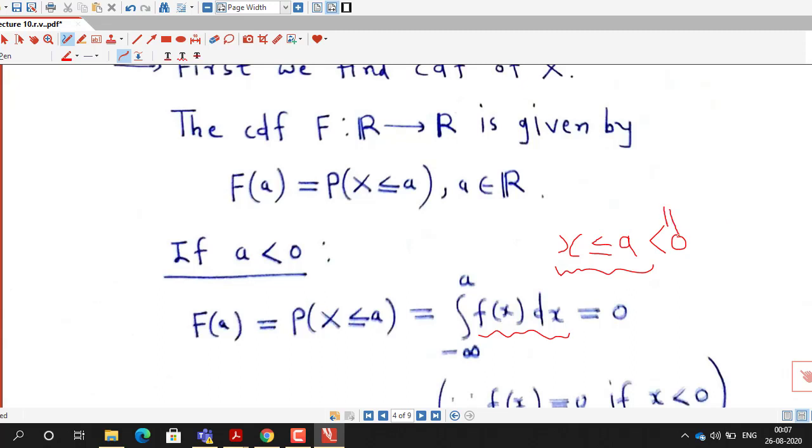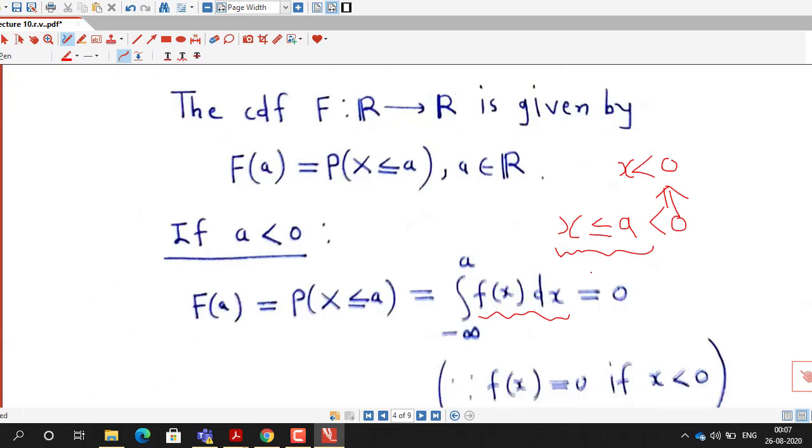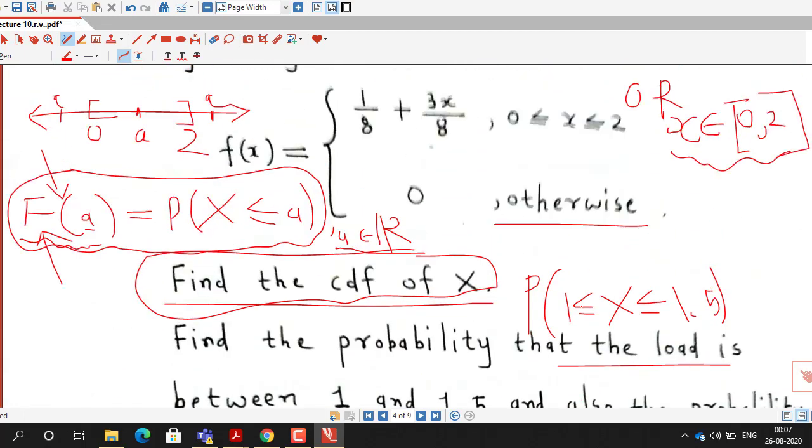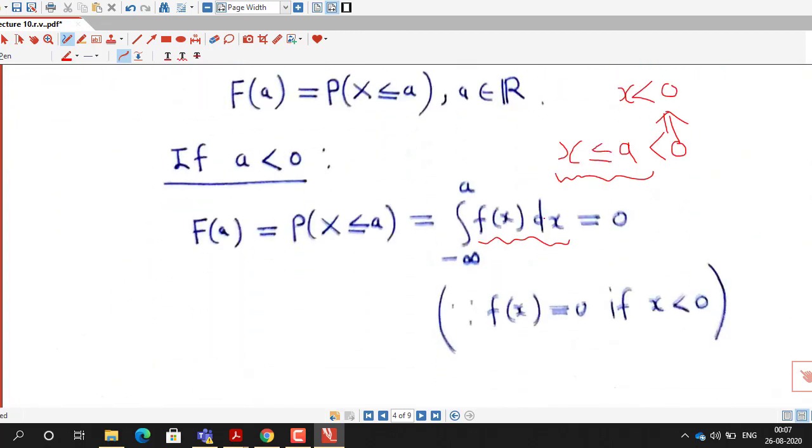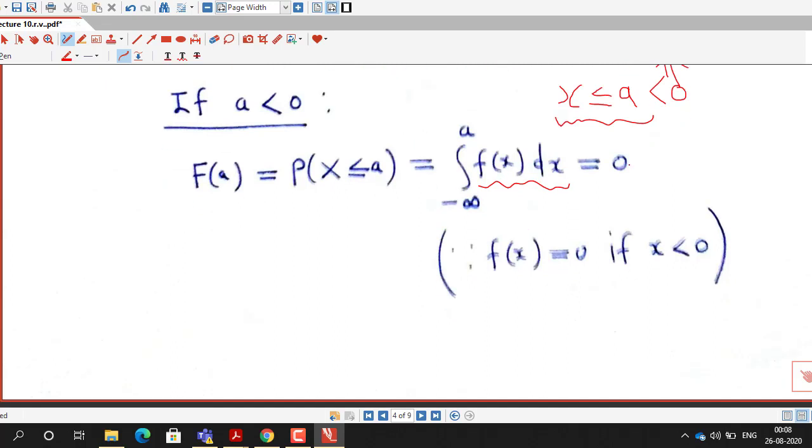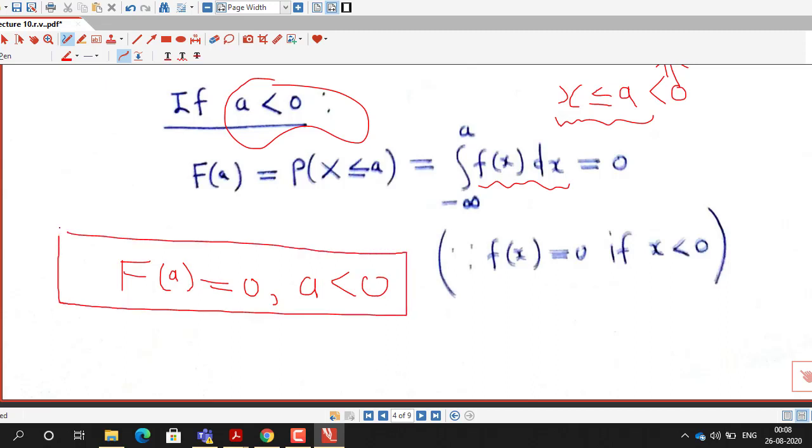Therefore x is also negative, and if x is negative, the value of the probability density function is 0. If x is outside 0, 2, then the value of the PDF is 0. So we can put 0 here, and the integral of 0 is 0. So what we obtain is F of a equal to 0 if a is strictly less than 0.